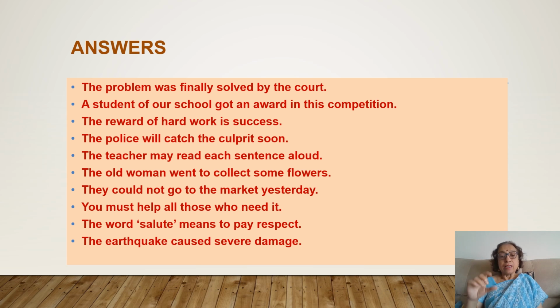Paragraph is a collection of sentences on a single topic, on a single idea. Putting 5 or 6 or 10 sentences together is called a paragraph. So again, the sentences are jumbled this time, not the words, and you have to make them into a coherent paragraph. Let us see.